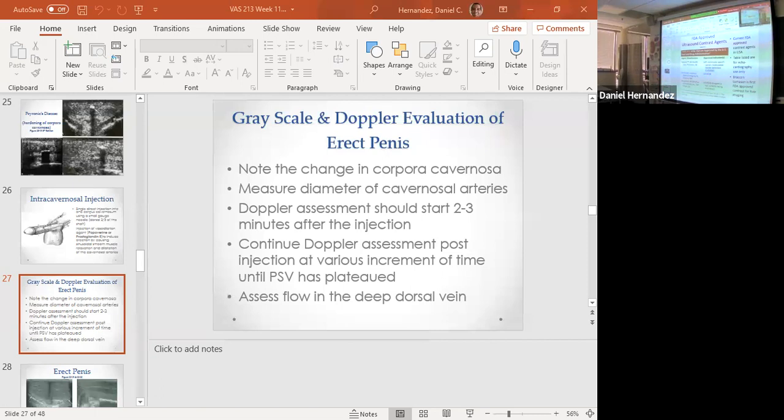Definity is going to be your most common one used in echocardiography today. Another contrast agent is Optison. These are some other contrast agents that are available and their intended uses.